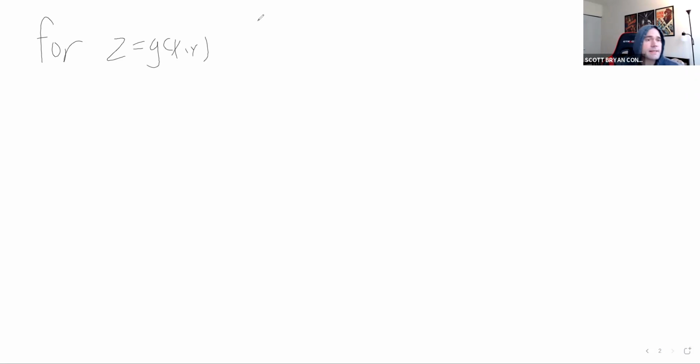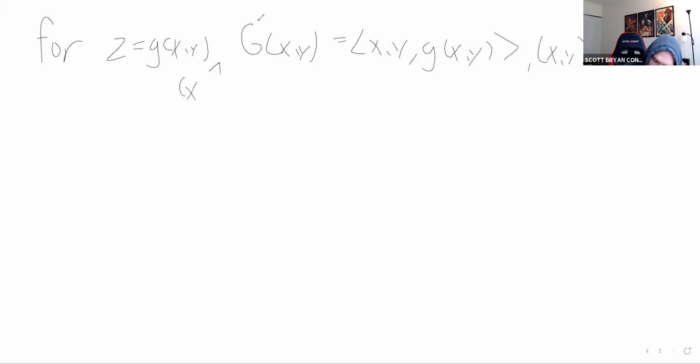So for z equal to a function of x and y, the way we parameterize is x is x, y is y, z is that function. And x and y lie in the same region D, because x and y are the same x and y.